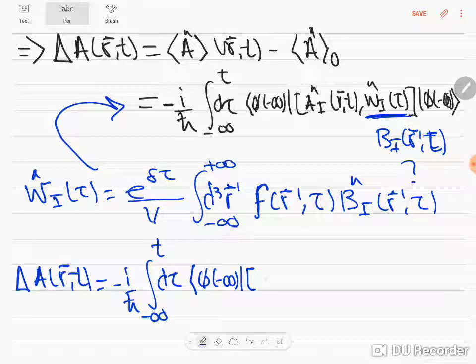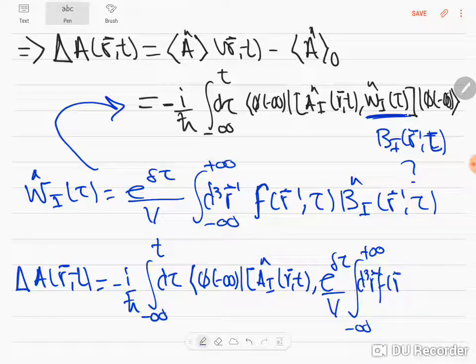I open the commutator A sub I of R comma T, commutator with e to the delta tau divided by b integral minus infinity to plus infinity d3r prime f of r prime comma tau B sub I of r prime comma tau.